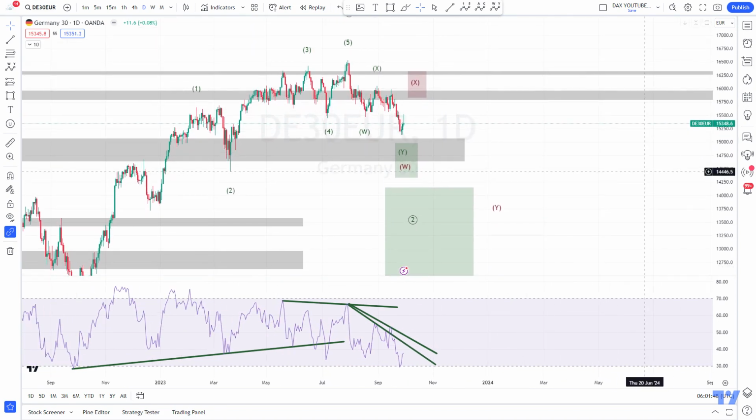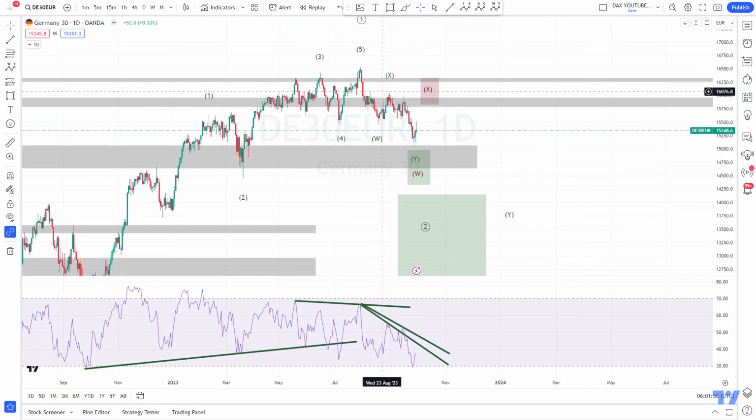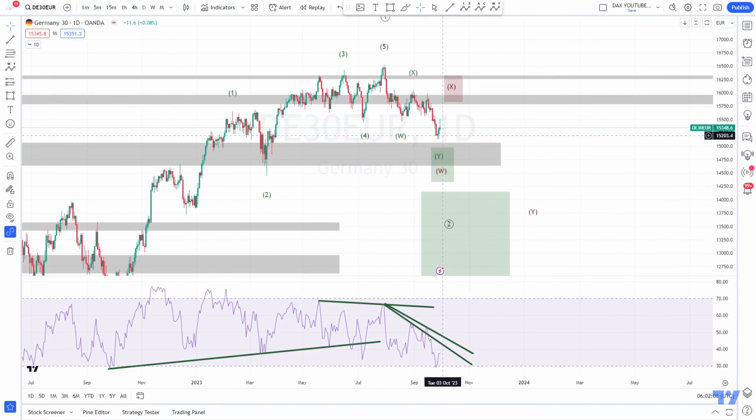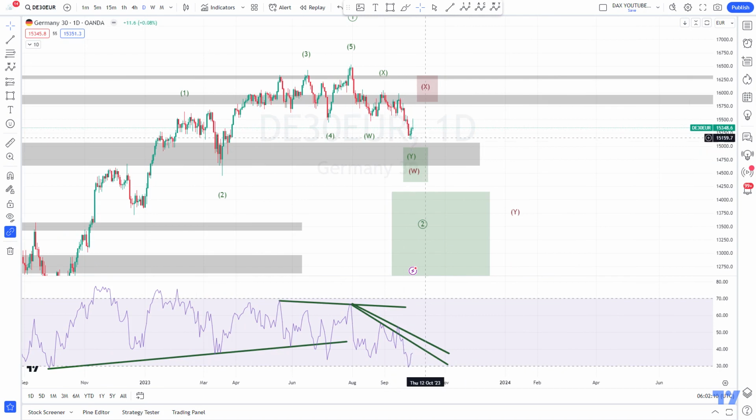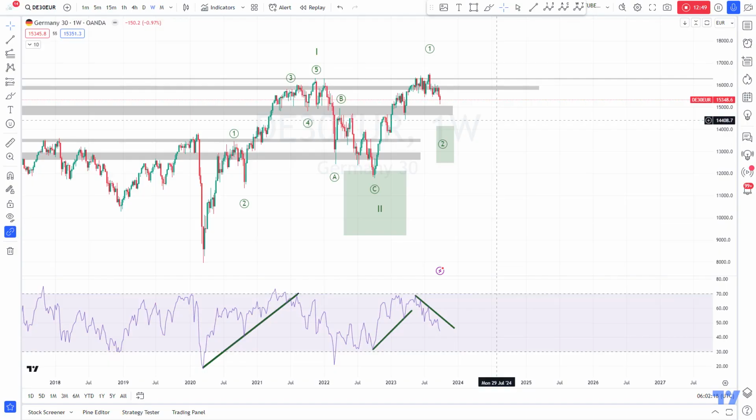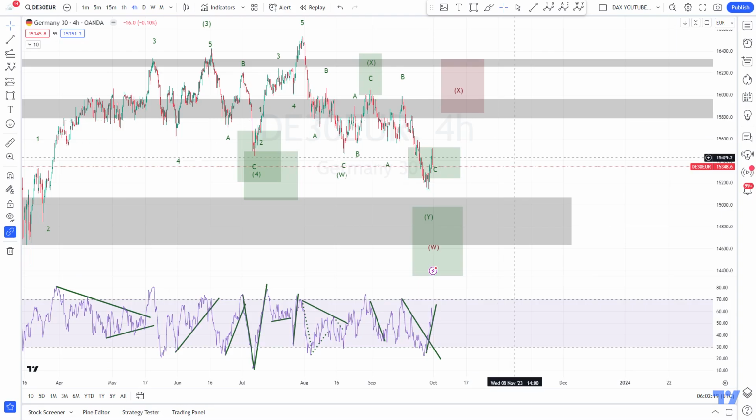So now the question is, how will we decide if we have a full correction here, WXY, or we do an additional corrective leg here as a wave X, and then again WXY? Well, the only thing to figure out will be to look at this structure here in the 4-hour.